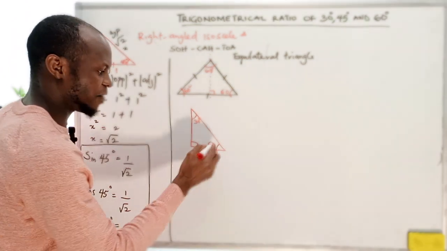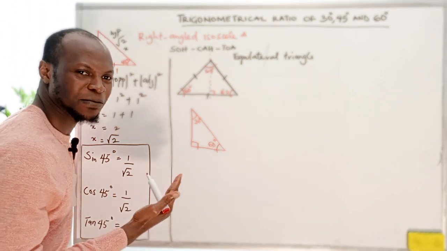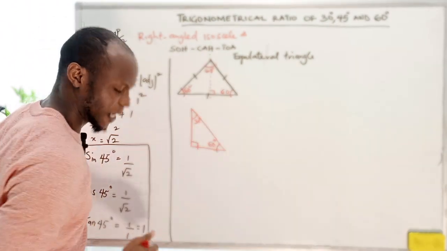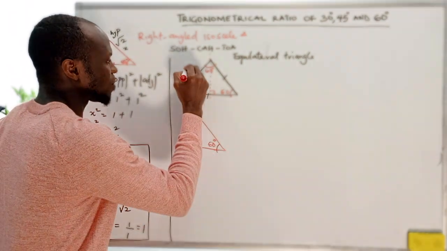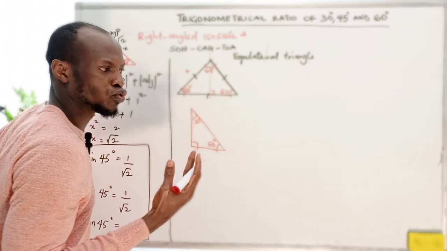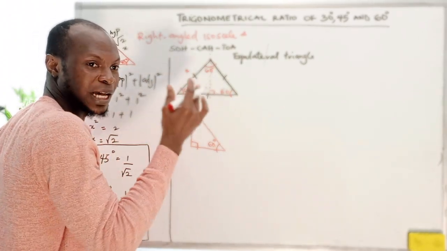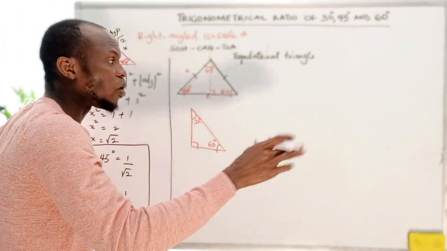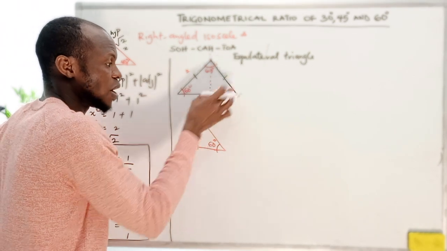Okay, so I have my 60 degree, I have my 30 degree, so I can derive my trigonometric ratio for 30 degree and 60 degree. Do you get that? Now, in this case, if I call this side 2, I want to use 2 because I'm dividing this line so that I will have a value that gives me a direct figure. So if I call this side 1, this side will be 1, this side will be 1.